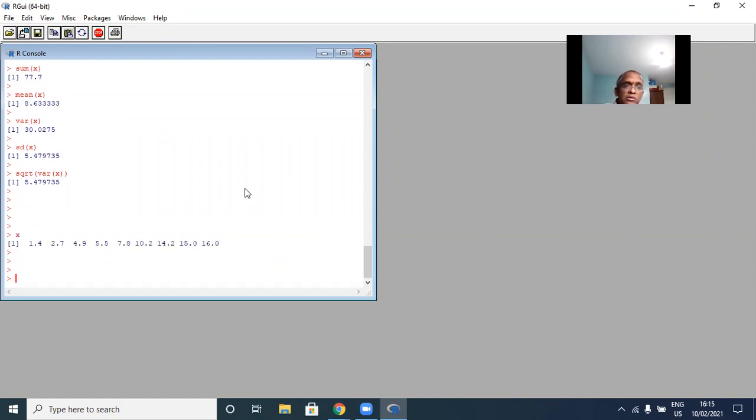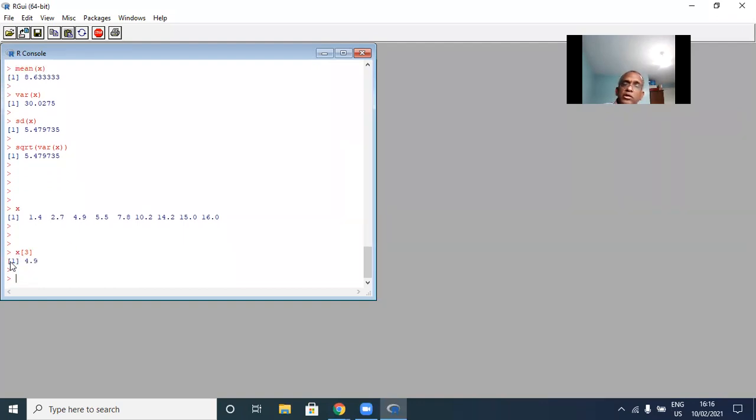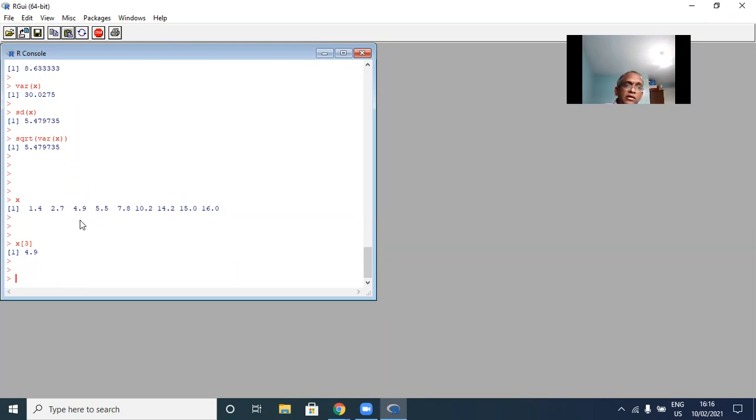Suppose, okay, this is your x, right? It's a vector of length 9. Now, suppose you want to access a certain element of x, suppose the third element, which is 4.9. You just type x in square brackets 3. That gives you the third element of the vector, right?